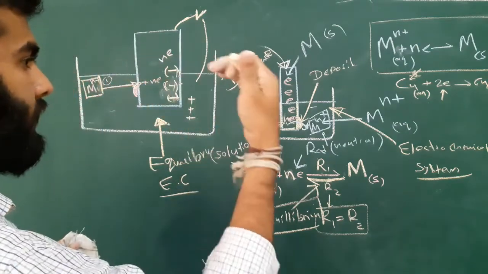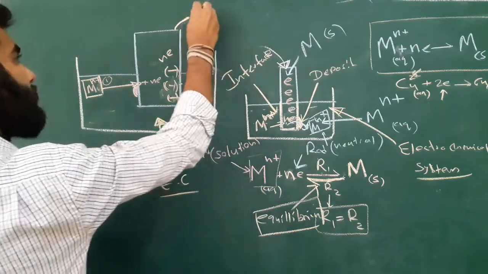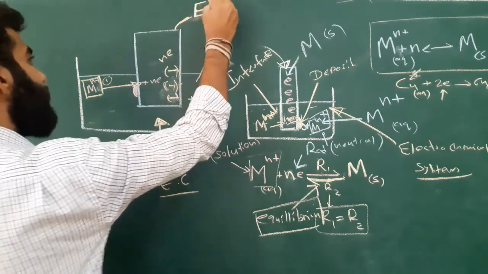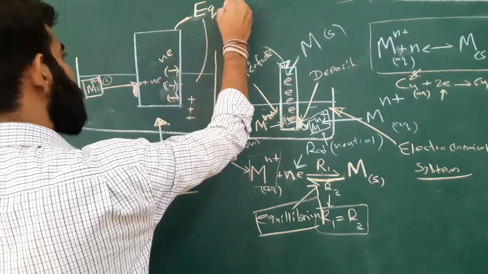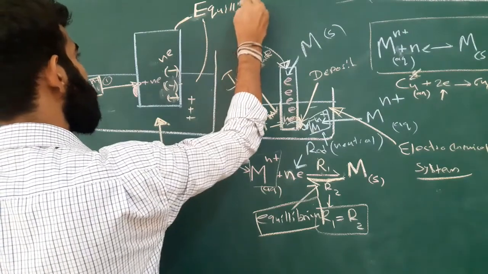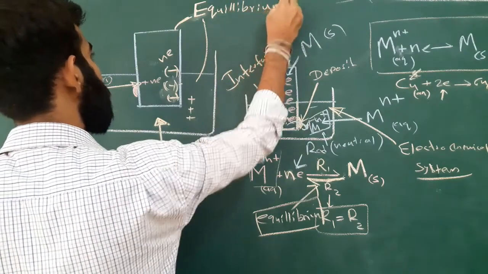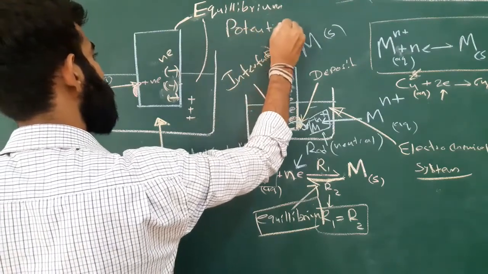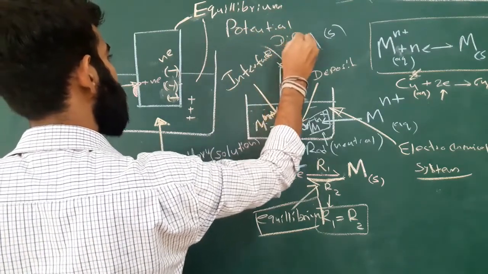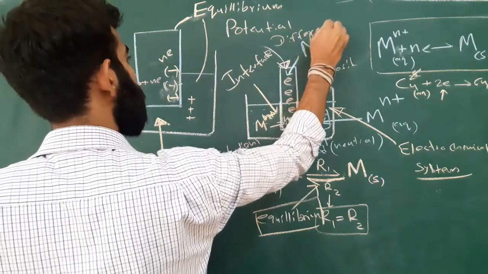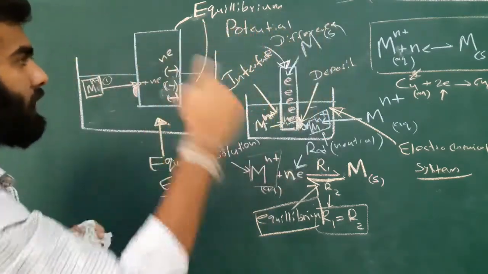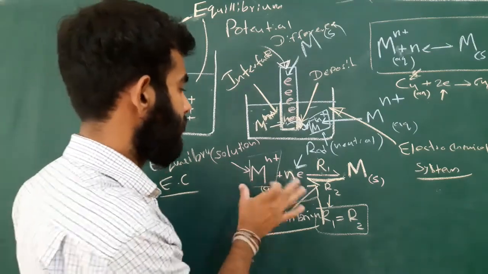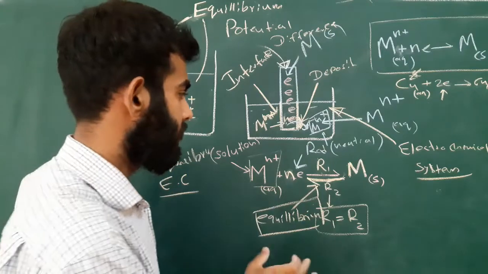So we call that equilibrium voltage or equilibrium potential difference. This is called equilibrium potential difference, because initially what happened, this reaction is the common reaction.